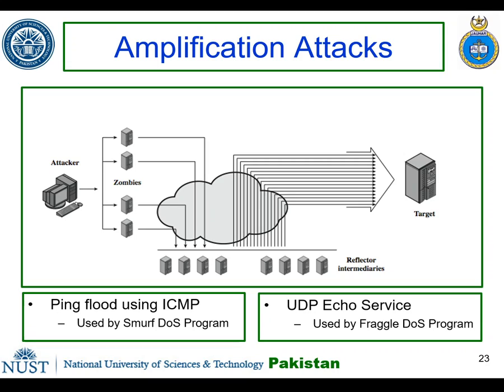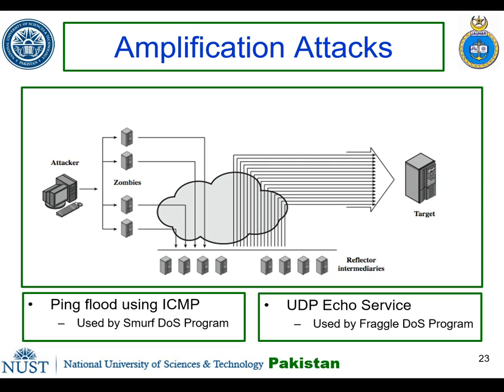It is only necessary to use a service handled by a large number of hosts on the intermediate network. A ping flood using ICMP echo request packets was a common choice used by the Smurf denial of service program.